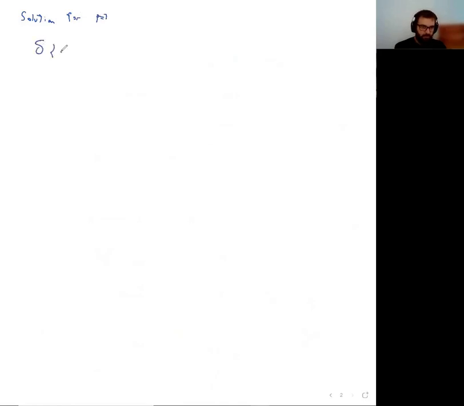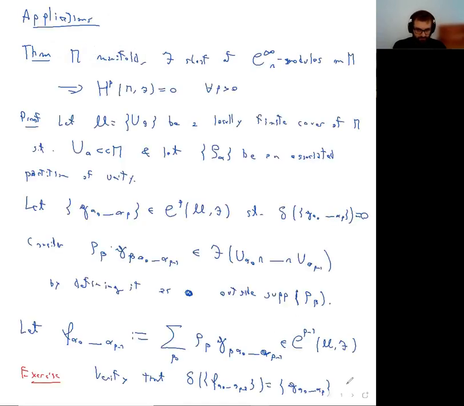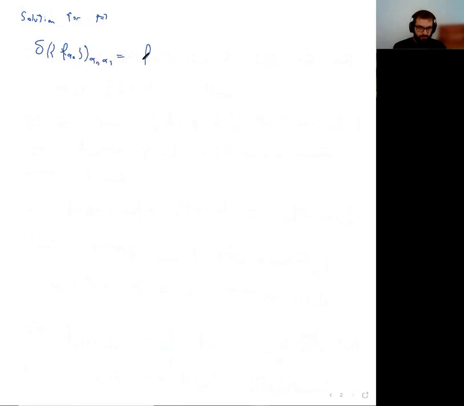So we take delta of f, and we look at it in position alpha 0, alpha 1. Then, by looking at this property here, this is f alpha 1 minus f alpha 0, just by definition of delta.